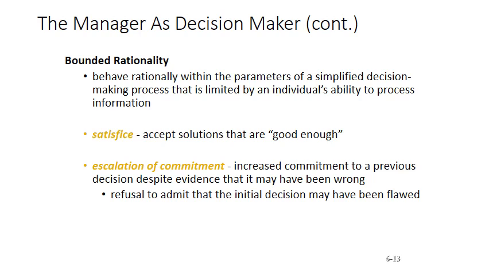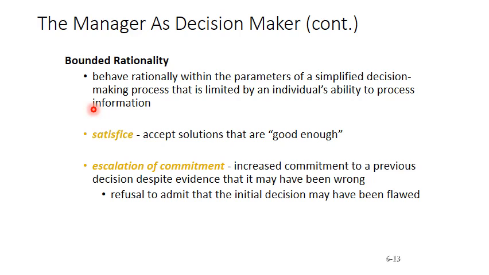Okay, there are certain concepts associated with rational decision making. The first one is bounded rationality. This means behaving rationally within the parameters of a simplified decision making process that is limited by an individual's ability to process information. That means we are not always in a position to take a rational decision because the assumptions of rational decision making are not always fulfilled.